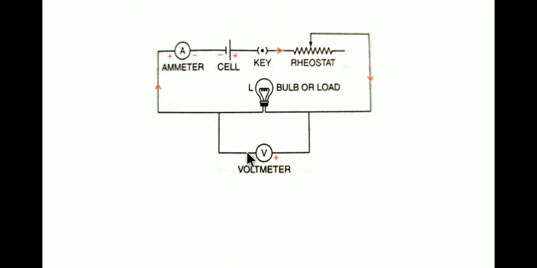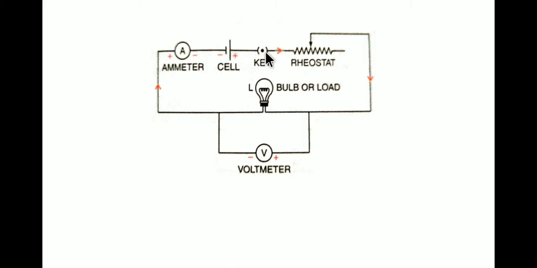So over here the voltmeter is connected in parallel, and it shows the voltage across the terminals of the cell, or we can say the voltage across the terminals of the bulb. So the voltmeter shows the potential difference across the two terminals of a cell.